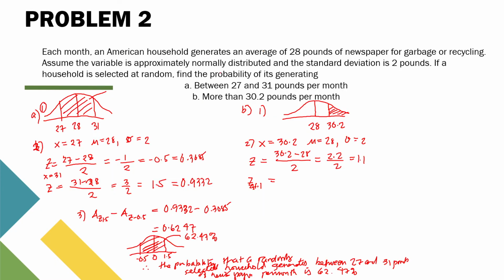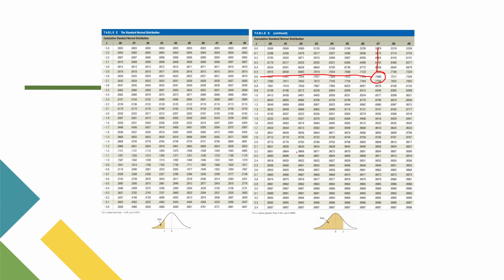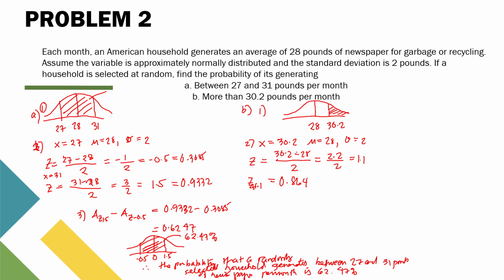So we have the area of 0.8643. Since that is more than, or right of the z, we need to use case number 2, which is 1 minus 0.8643.